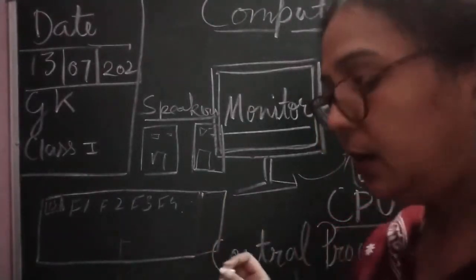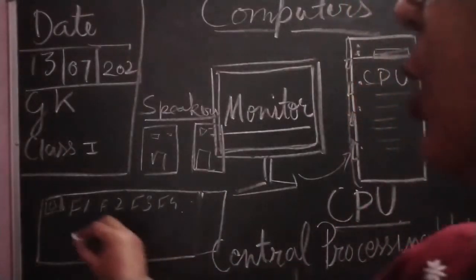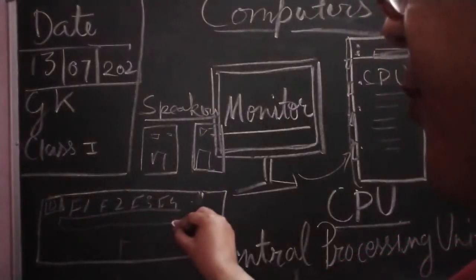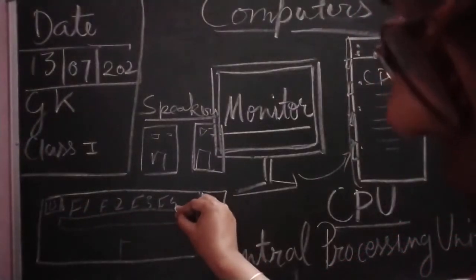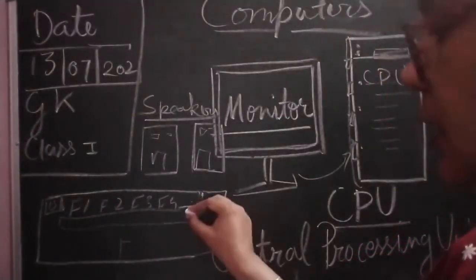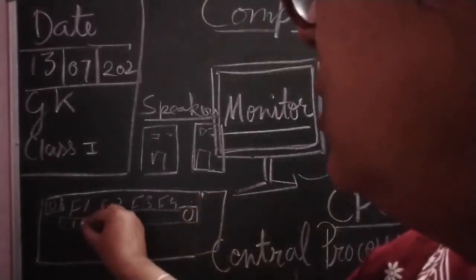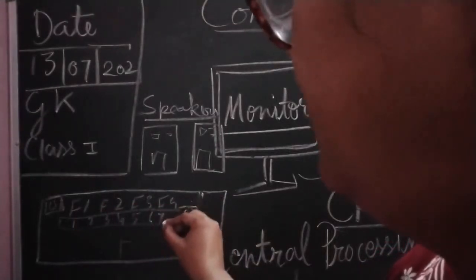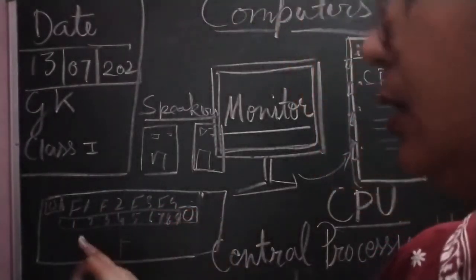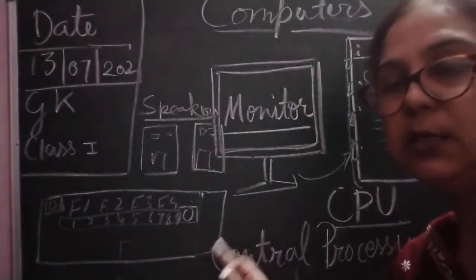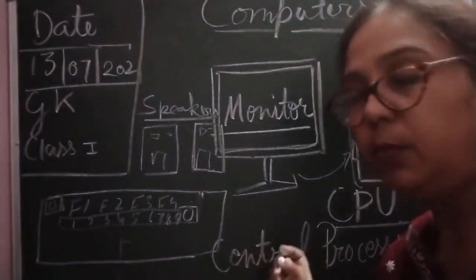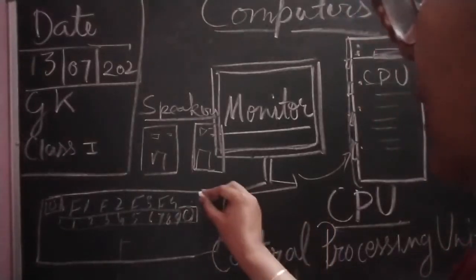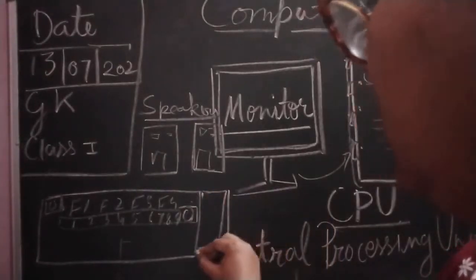And after that you can see numeral keys. It means 1, 2, 3, 4, 5, 6, 7, 8, 9, 10. You can see 1, 2, 3, 4, 5, 6, 7, 8 and 9. 9 number keys you can see in the keyboard, and after that 0 will be placed, and here you can see some buttons in the keyboard.